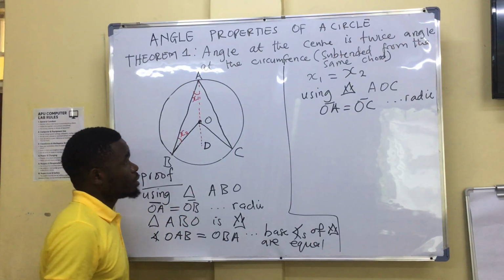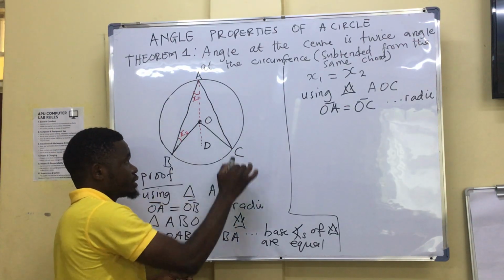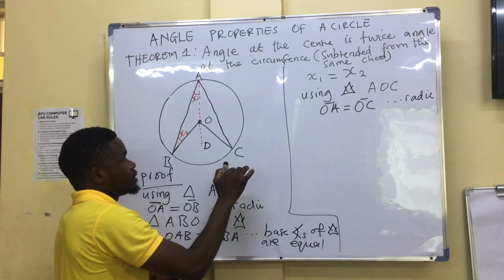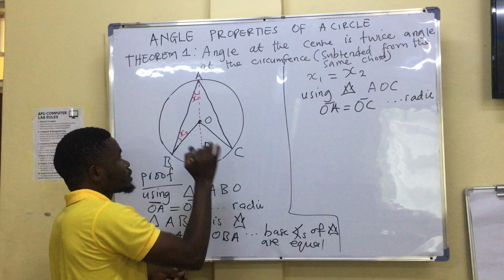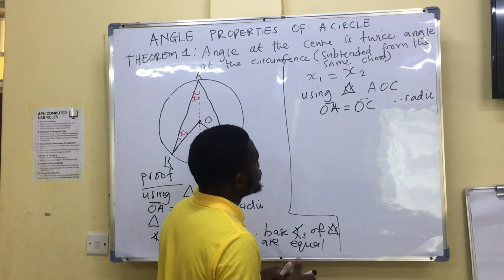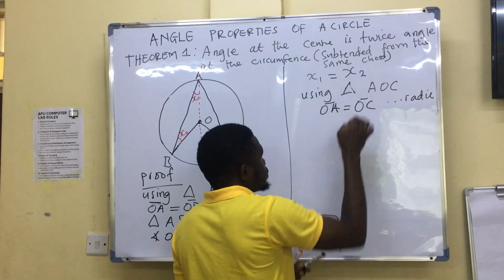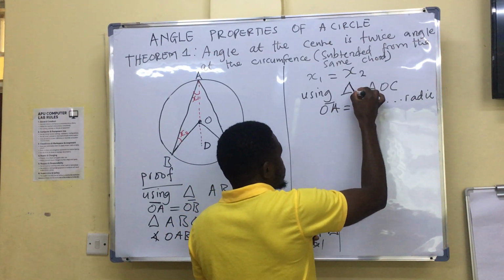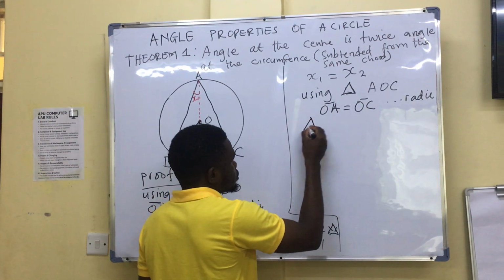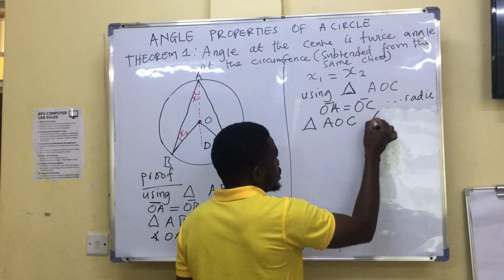So, meaning that if this line OA is equal to this line OC, meaning that triangle OAC, or triangle AOC, is an isosceles triangle. Sorry, here is supposed to be just a general triangle, but that's fine. Meaning that triangle AOC is an isosceles triangle.